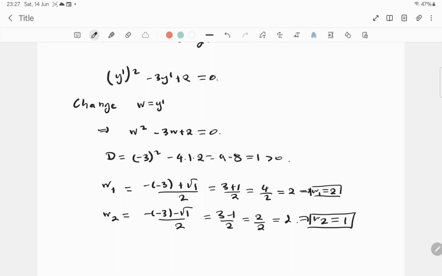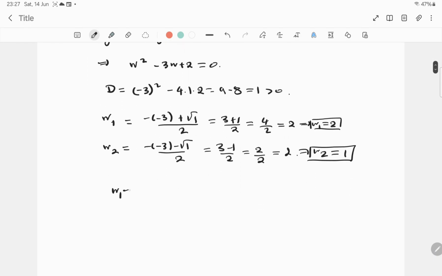The solution of this trinomial is w1 equals 2 and w2 is equal to 1.